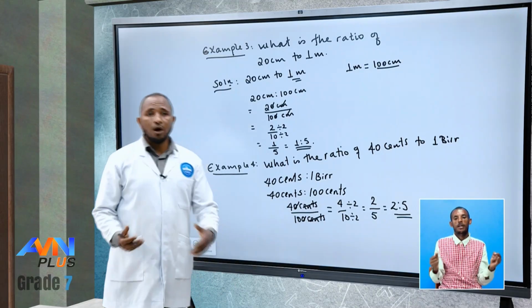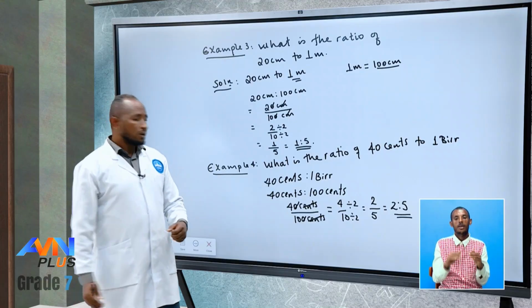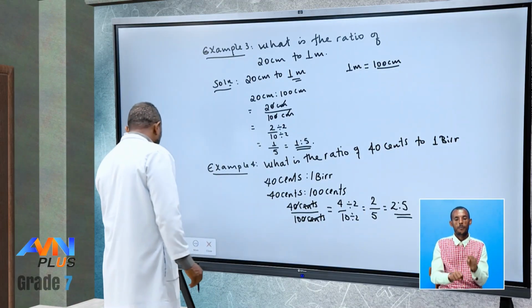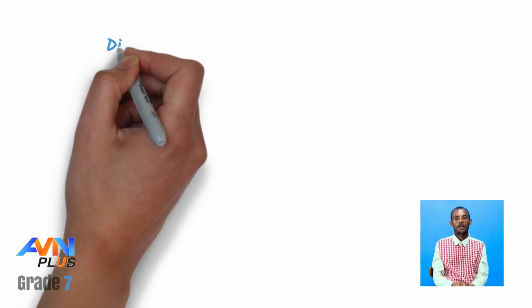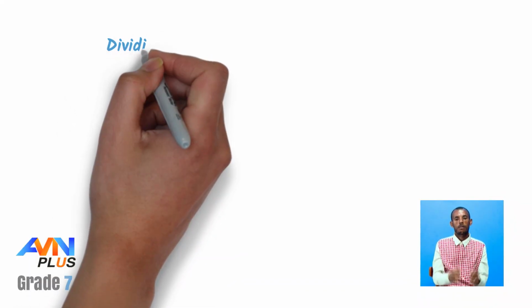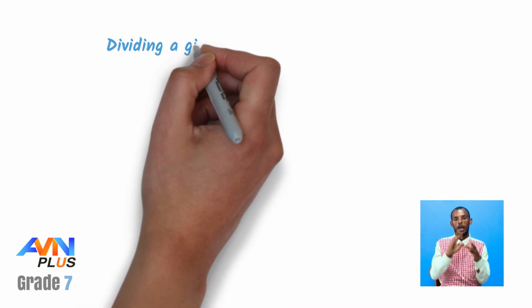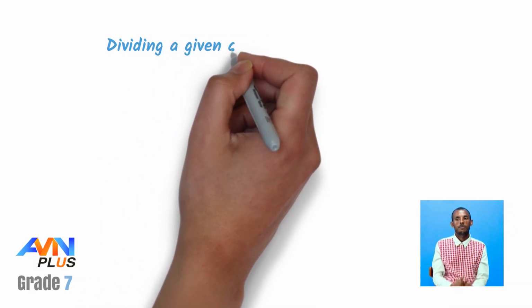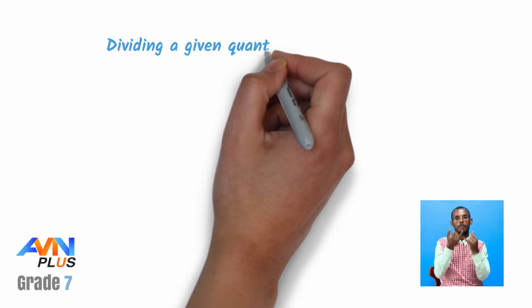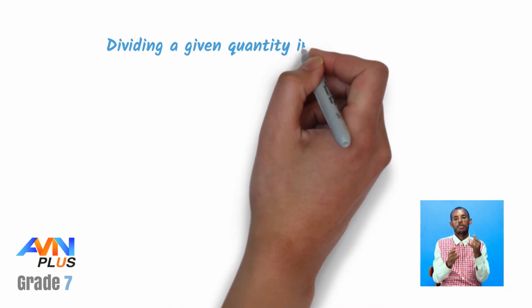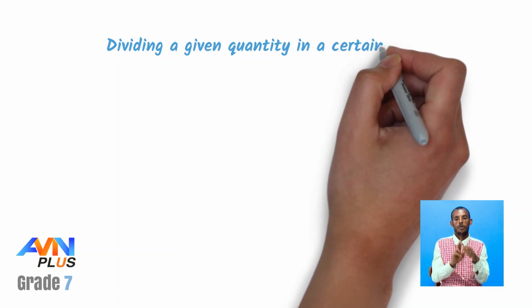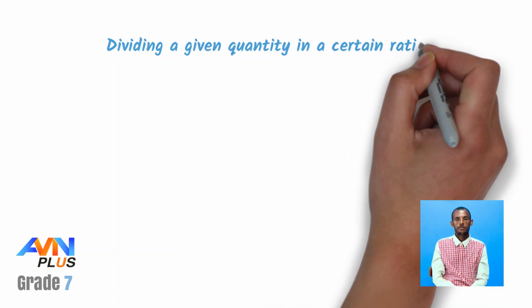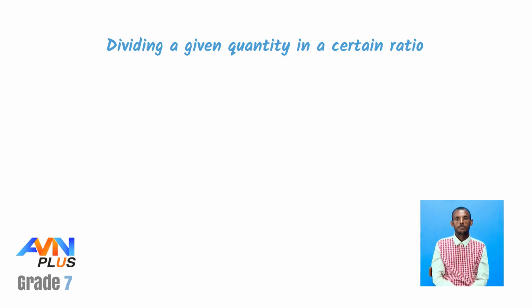Dividing a given quantity in a certain ratio.